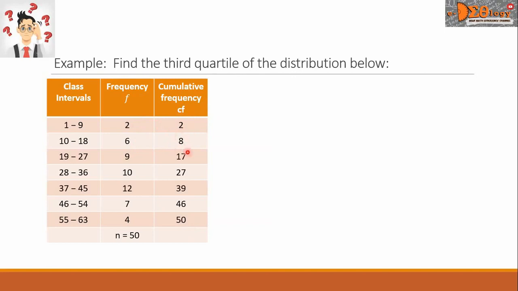So we write here 8. 8 plus 9 is 17. 17 plus 10 is 27. 27 plus 12 equals 39. 39 plus 7 is 46. 46 plus 4 equals 50. The last number here must be equal to the total number of frequency.